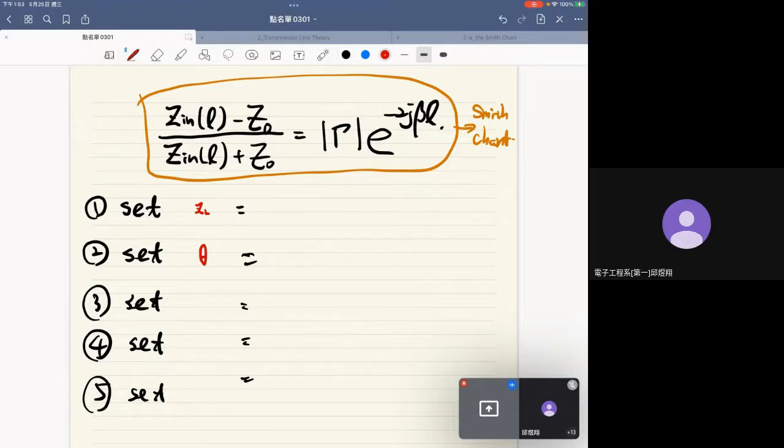And also, I remember there are more. And also, what is another form of ZL?